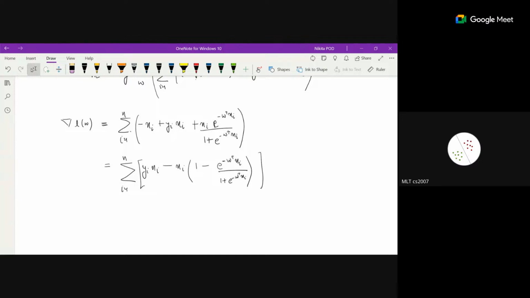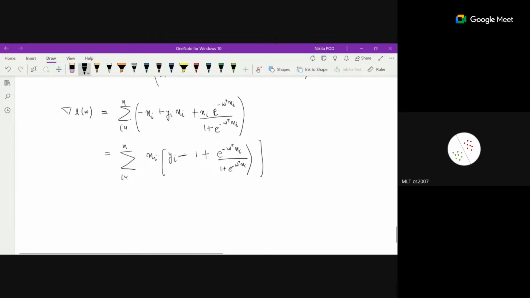In fact, even we could have taken this term inside. If I take Xi to be common, then you have Yi minus 1 plus of this, right? And just solve for this.